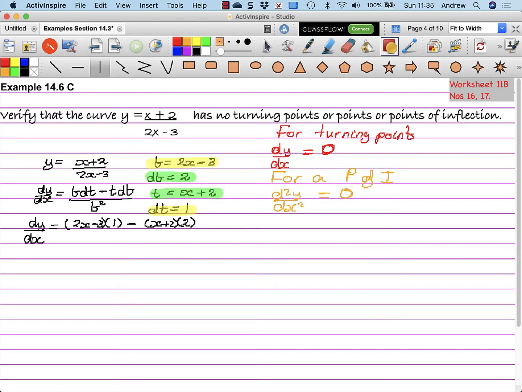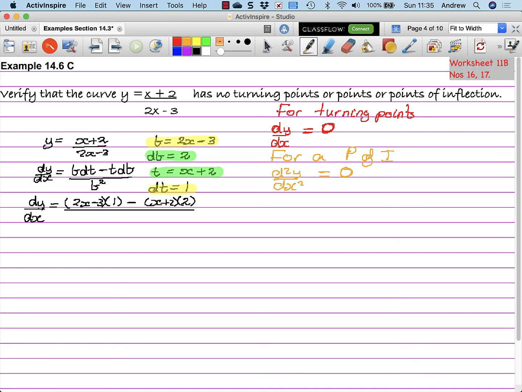And that's all divided by the bottom squared, which is 2x minus 3, all squared.